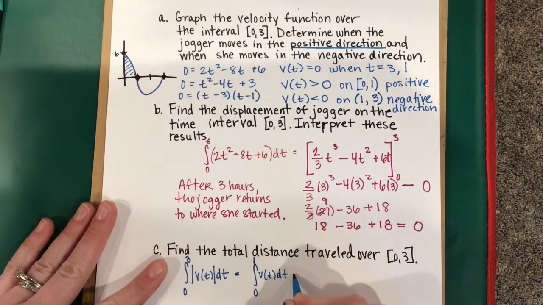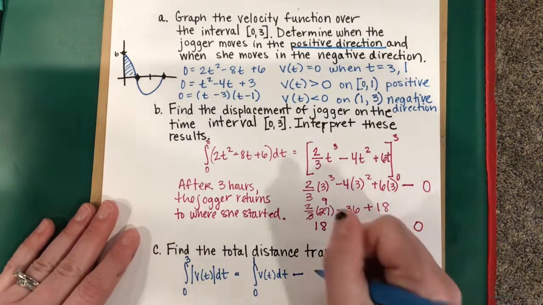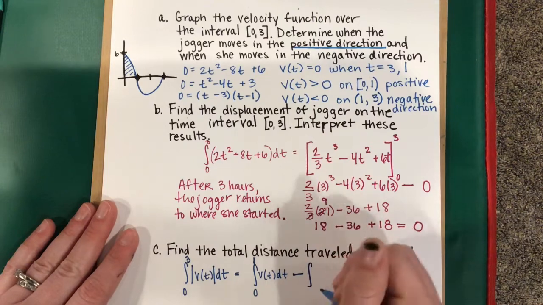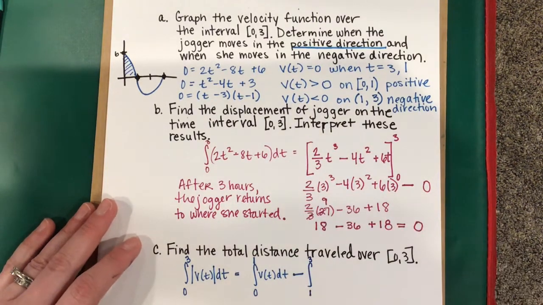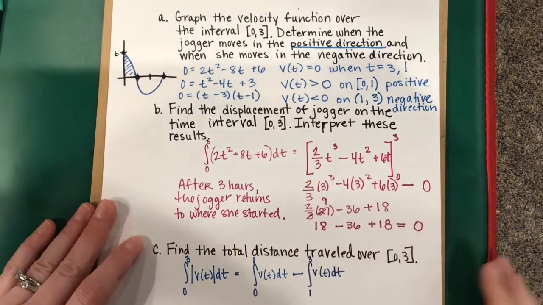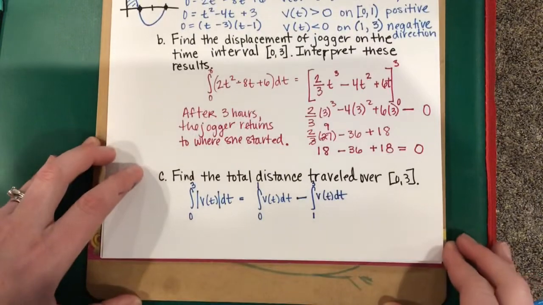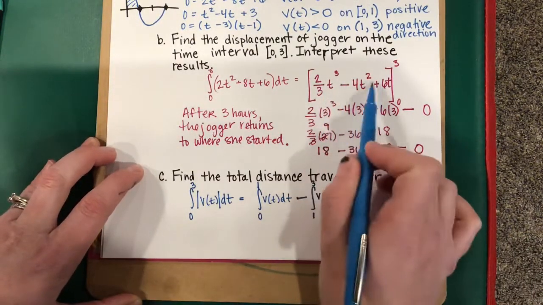So I'm going to subtract it, because if you subtract a negative, it becomes positive, of the integral from 1 to 3 of v of t dt.